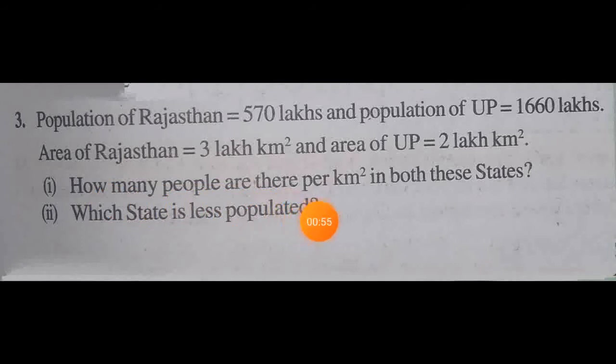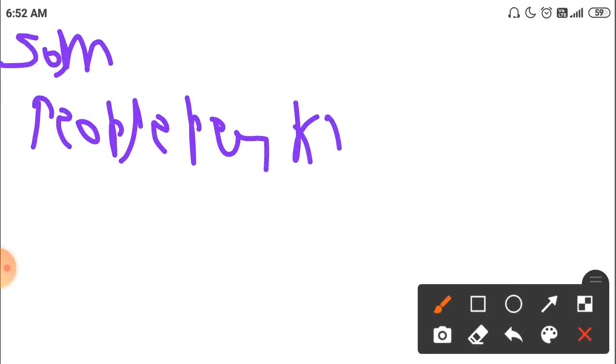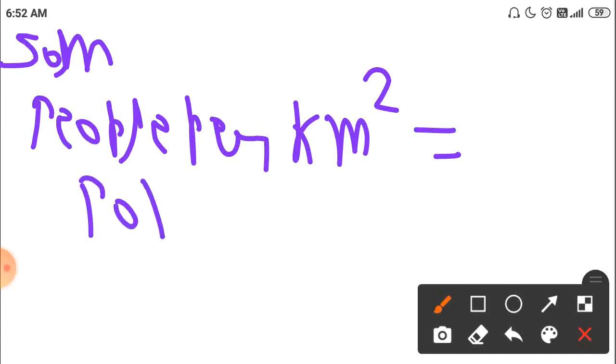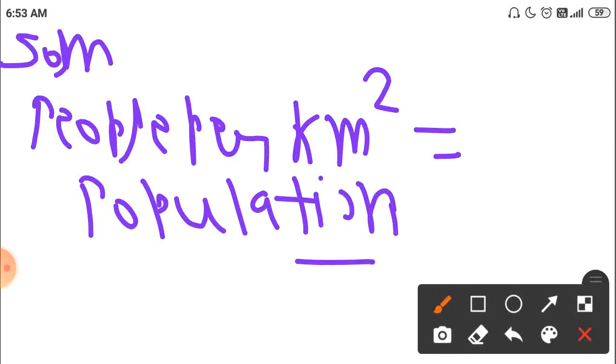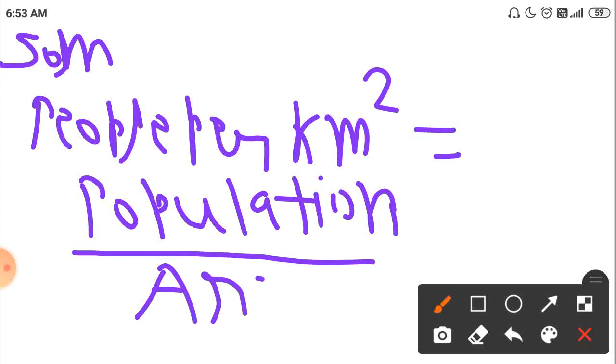Then we can write people per square kilometer. People per square kilometer is equal to population divided by area.